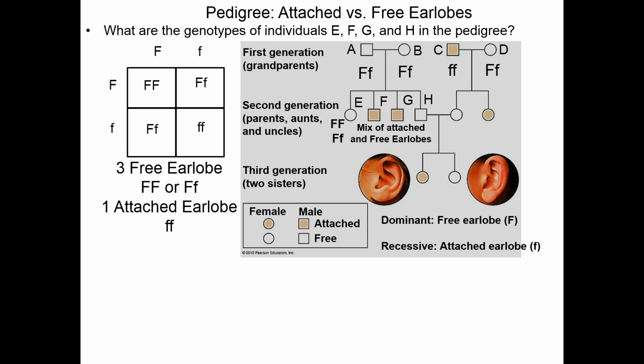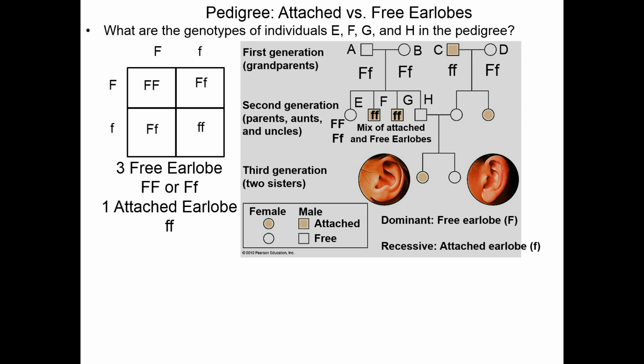Well, here, individual E, we don't have offspring for this individual. Since we don't have offspring, all we know is that she has free earlobes. So right now, we're going to designate her as either homozygous dominant or heterozygous. Now, individual H is going to have offspring with another individual.